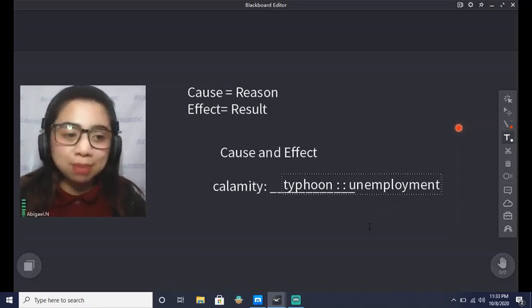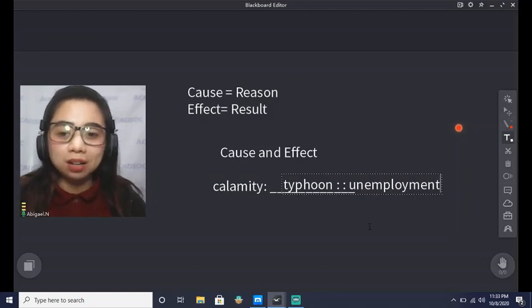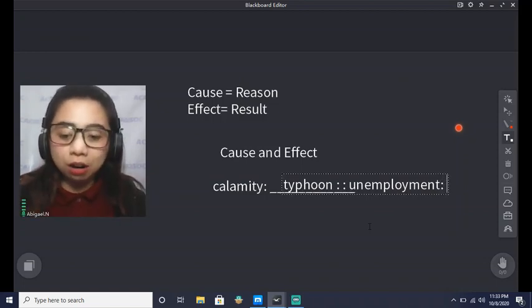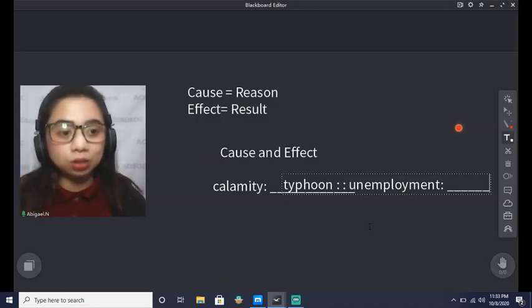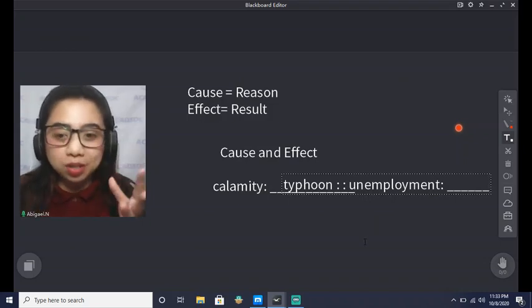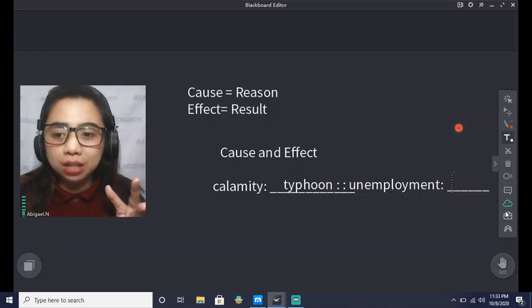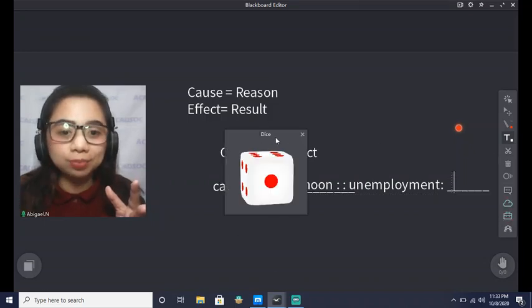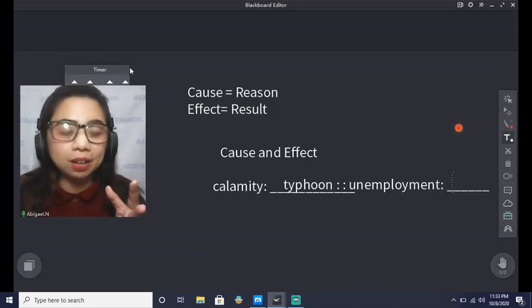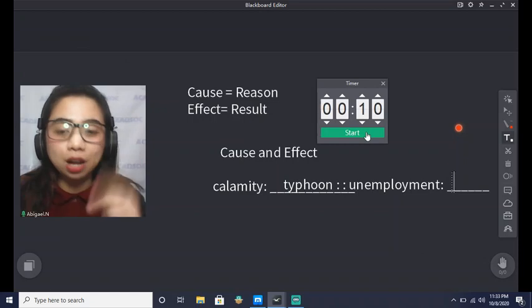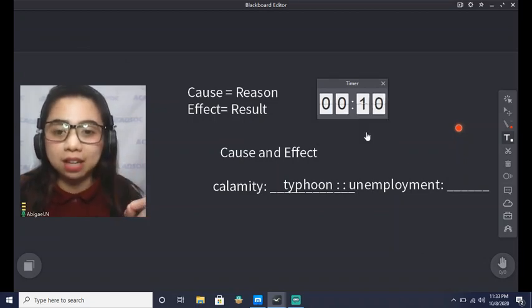Maybe some of your relatives lost their jobs too. So that's unemployment. Now we're going to think of the effect. When there is unemployment, what's the result? What's the effect? I think you heard some words from me already. So let me open my timer. Okay, I'll give you 10 seconds to think to complete this cause and effect analogy.